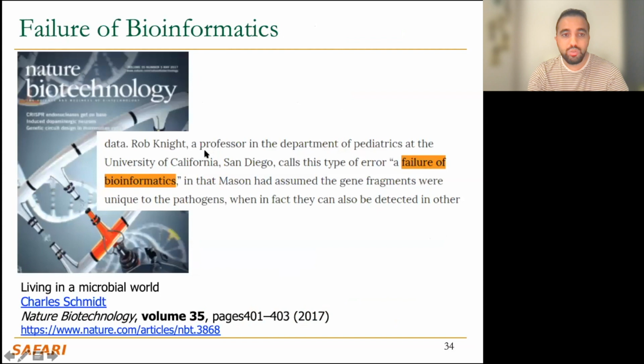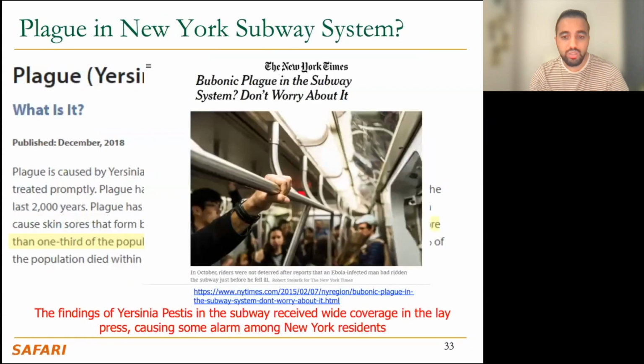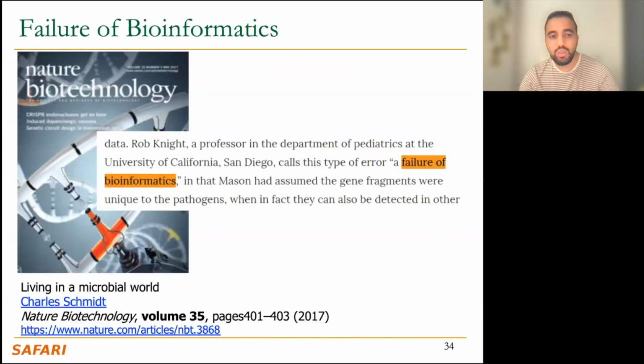However, when we went with the traditional method, when they cultured these samples, they didn't find any trace of these bacteria, and that's what some people called a failure of bioinformatics. That is, again, not a failure of bioinformatics, but rather a failure of the tool used to do the analysis.